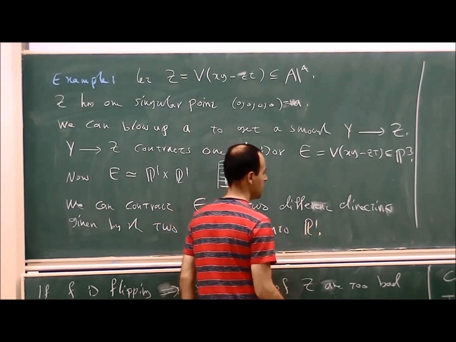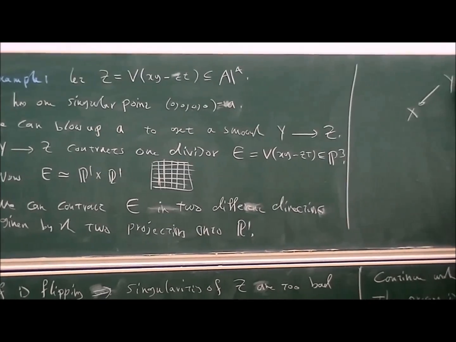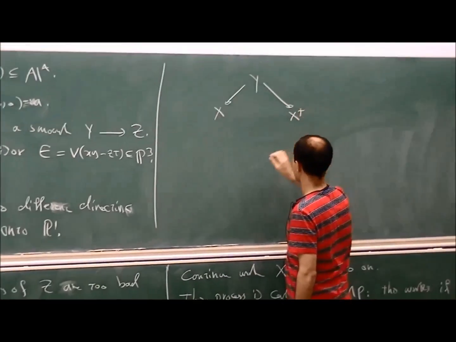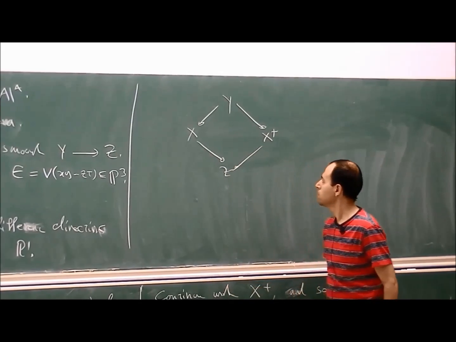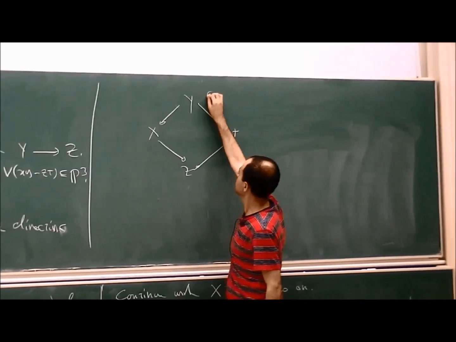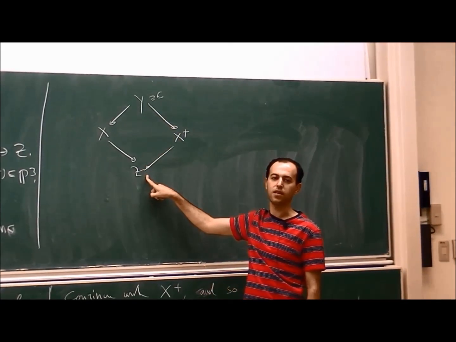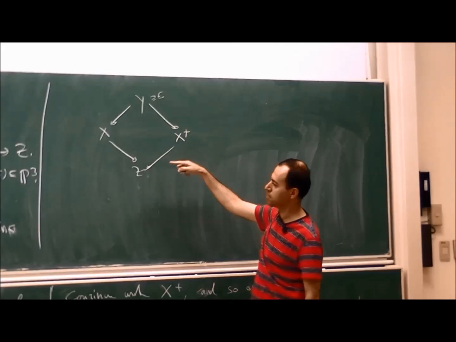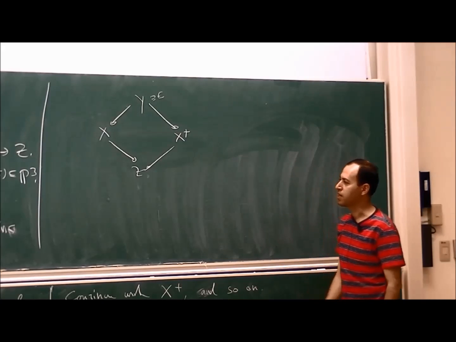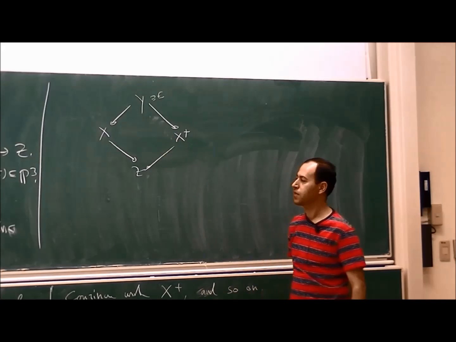So what you end up with is something like we have Y already, we get X in one direction, you get X plus, and then you have the Z, which is the original thing. So E is here. If you contract it to a point, you just recover the Z. If you contract in one direction the family, you get X. If you contract the other family, you get X plus. And these are in fact just blow-ups in the usual sense.